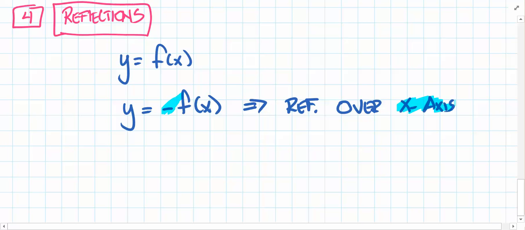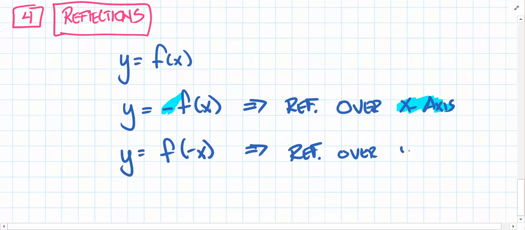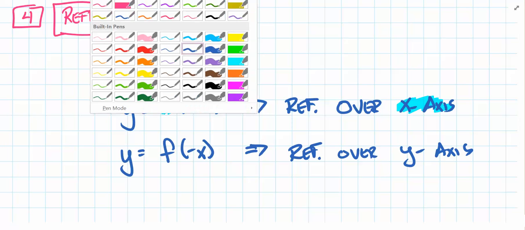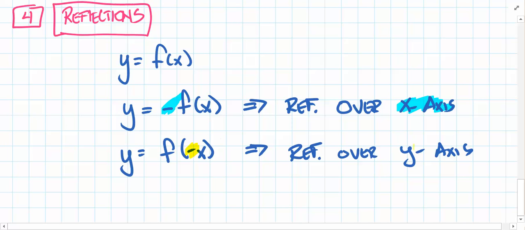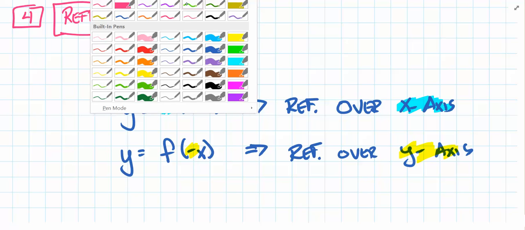Similarly, if you want f of negative x, that implies we're going to have a reflection, REF period is reflection, over what? The y-axis. Very good. So here is the important information. If it's on the inside, we're going to have a y-axis. And there you go. That's everything you possibly want to know about reflections.